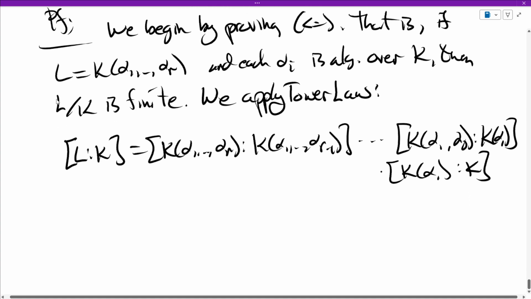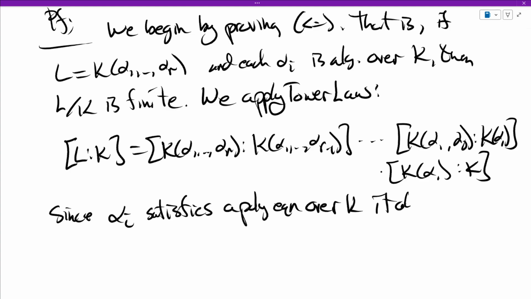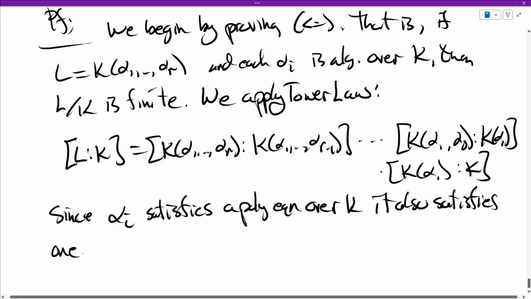All right, since alpha I satisfies a polynomial equation over K, it also satisfies one if we add more numbers.